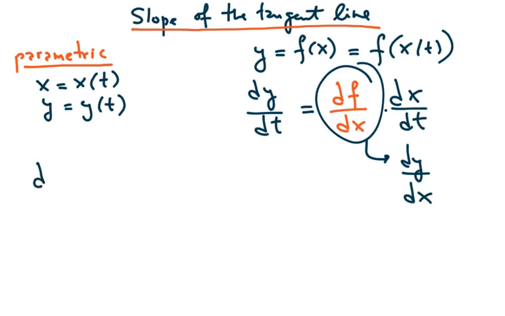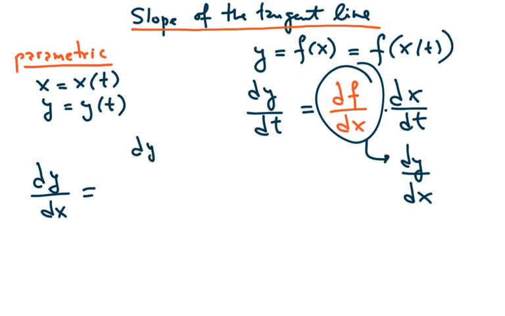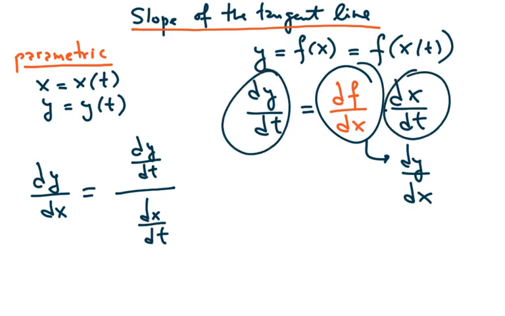So just solving for the derivative of y respect to x is going to be equal this divided by this, right? This one comes here dividing. So this derivative is going to be equal to the derivative of y respect to t over the derivative of x respect to t, right? So this divided by this.